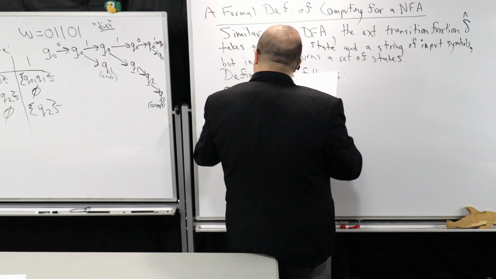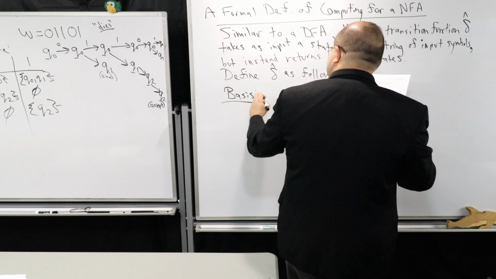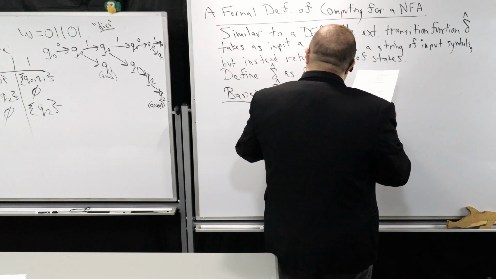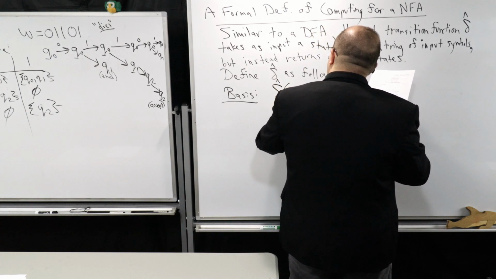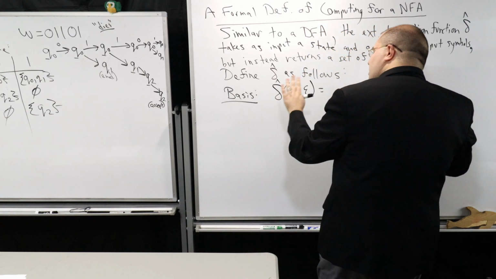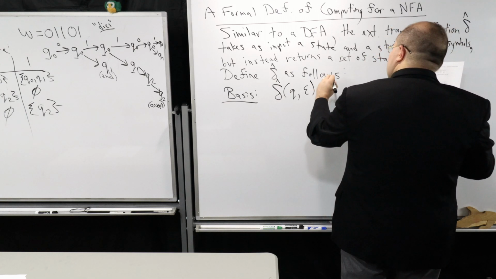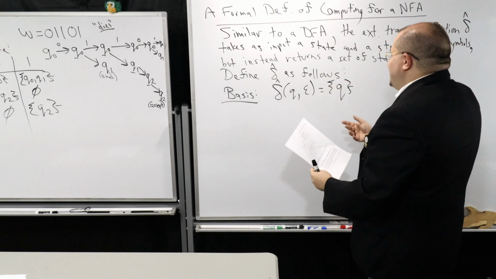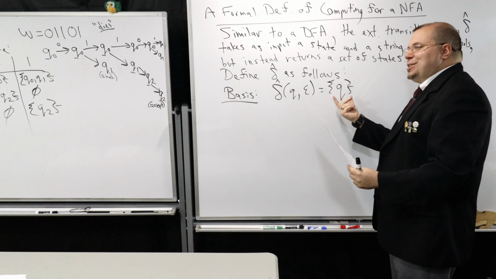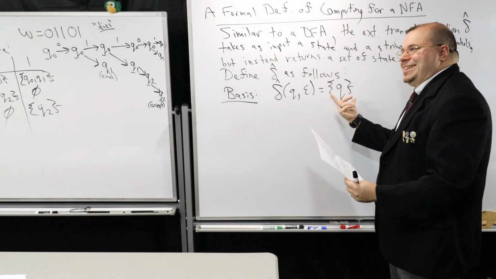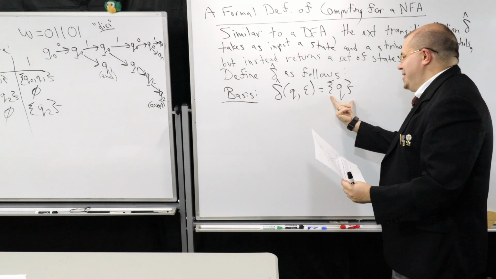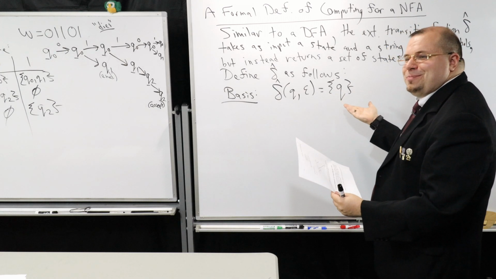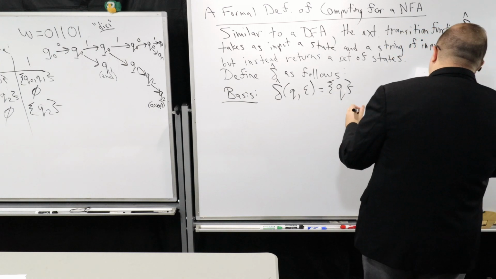But like I said, there's another way of looking at a lot of these things. So delta hat of q, epsilon, just like before, I'm going to define it for the empty string. It's going to return me a set containing q. So imagine your favorite child, you put them in their favorite little outfit. That's basically all I'm doing. I just put curly braces around it.